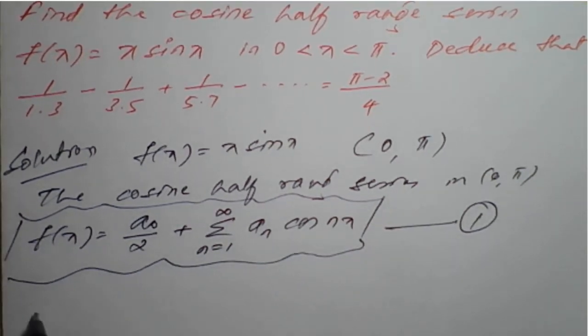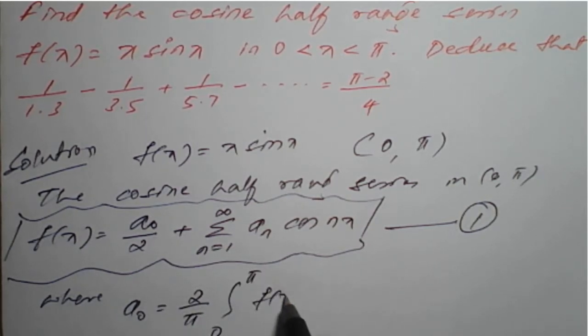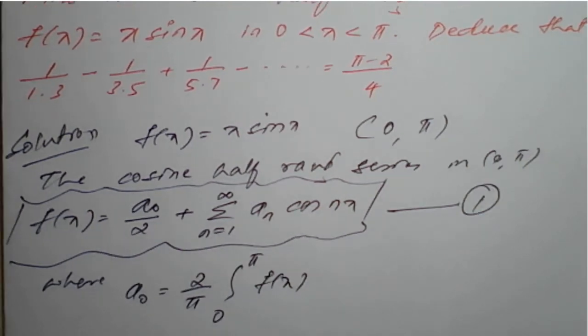Where the value of a₀ is (2/π) ∫ from 0 to π of f(x) dx, and aₙ is (2/π) ∫ from 0 to π of f(x) cos nx dx.